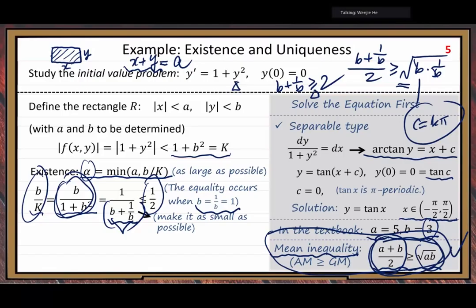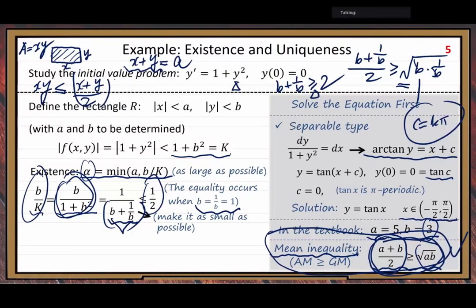The total area A equals X times Y, the product of X and Y. Do you have X times Y less than or equal to ((X plus Y) over 2) squared?